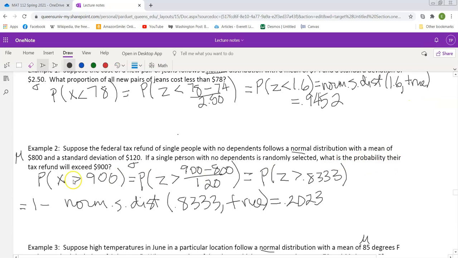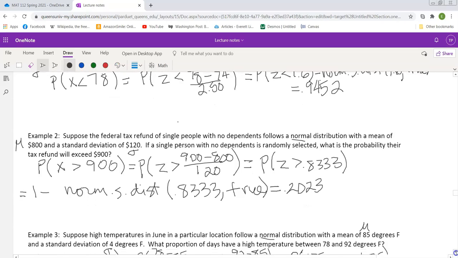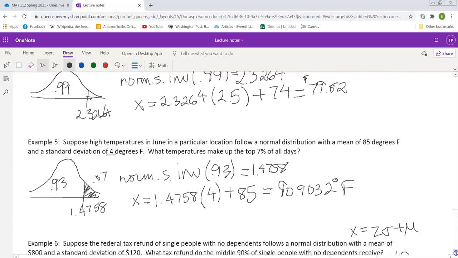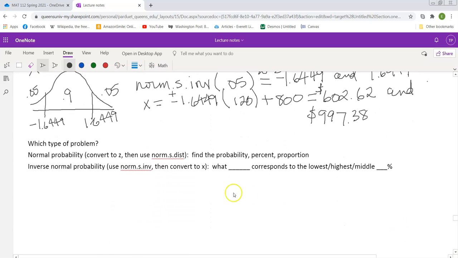What is the probability these people's tax refund will exceed $900? What percent of all people's tax refund will exceed $900? Those are examples of normal probability.